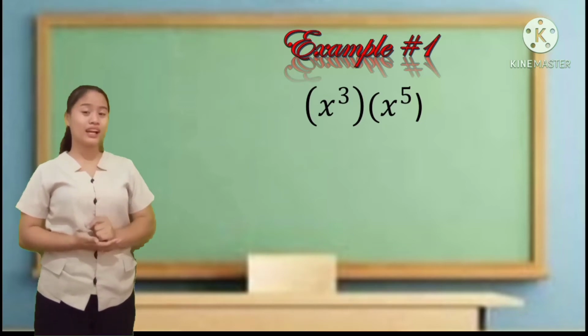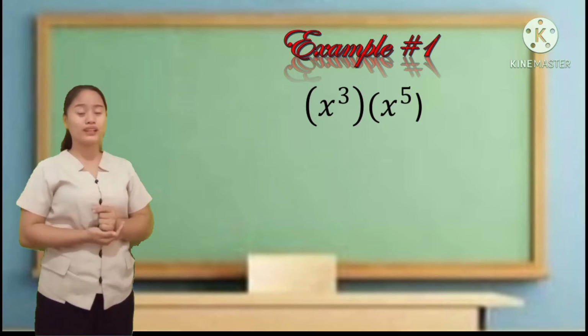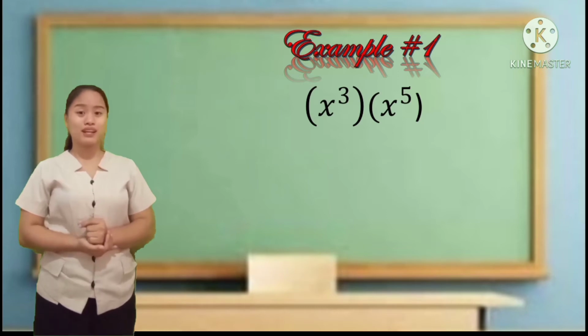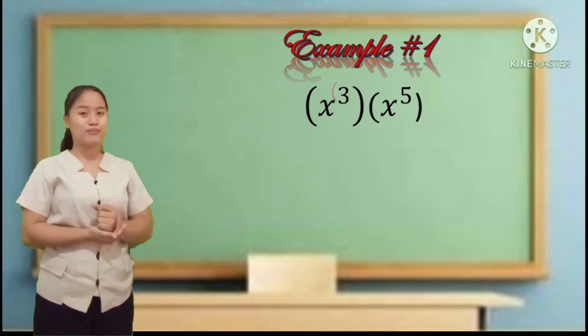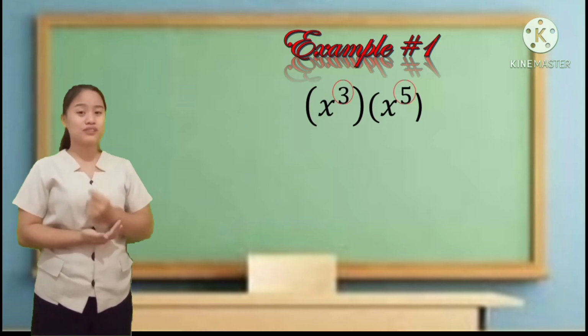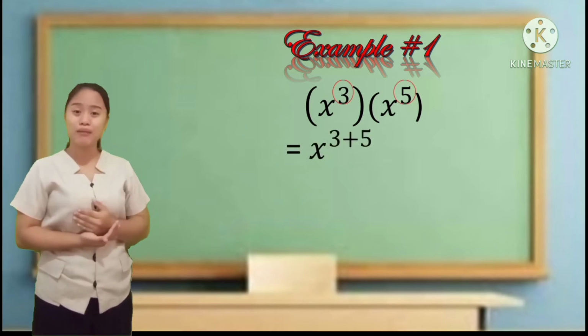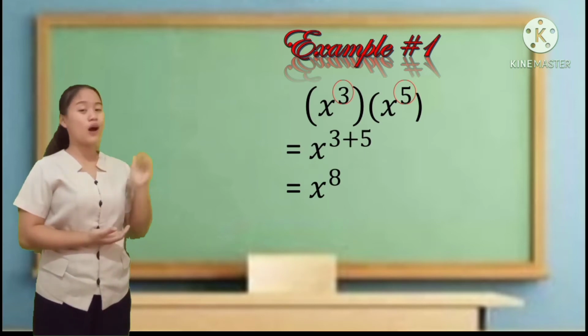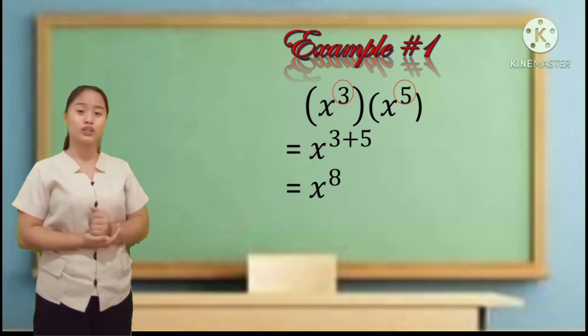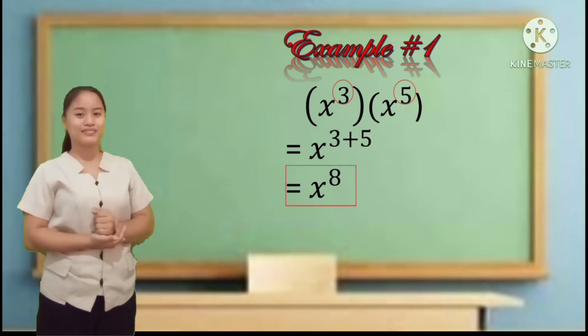Exactly, Mr. Kapinding. We will just add the exponent of each term with the same base. So in our problem, we have 3 and 5. So we will add 3 plus 5 is equal to 8 and copy the base. So we have x raised to 8. So that's how we will multiply monomial to monomial.